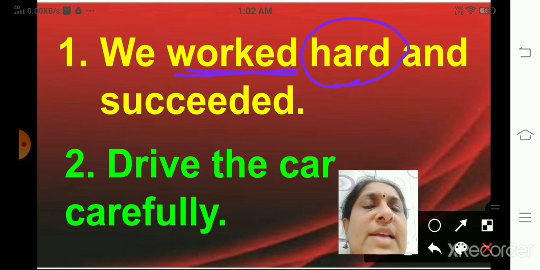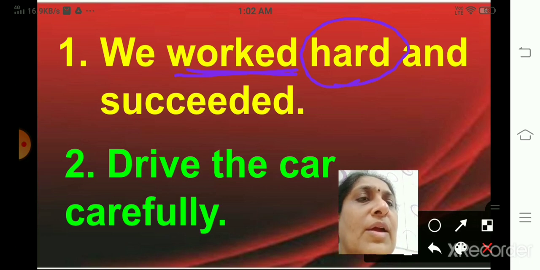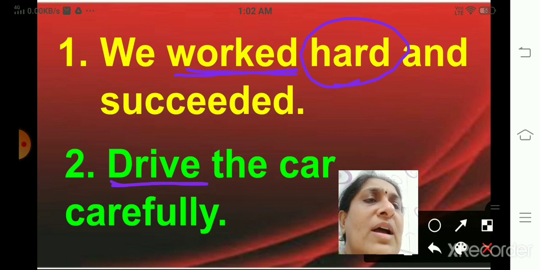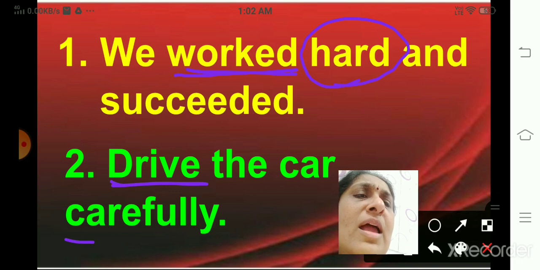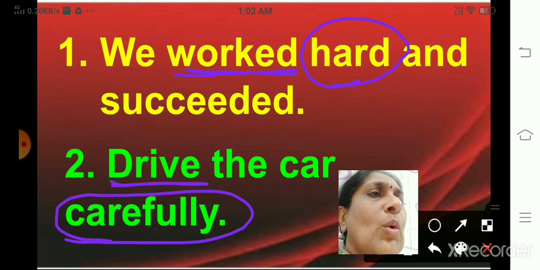Second sentence. Drive the car carefully. What is the verb here? Drive. How should you drive the car? Carefully. So, carefully is the adverb and drive is the verb.